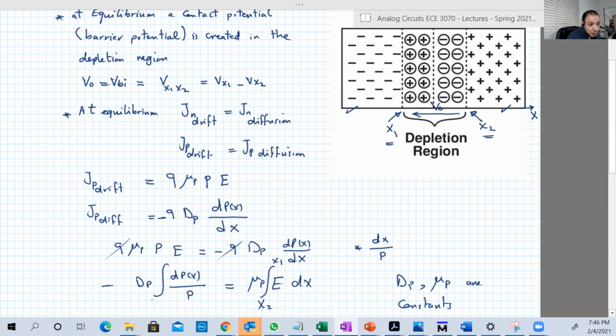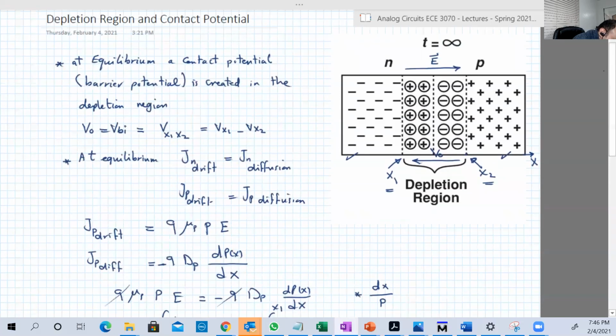So there should be limits also for the second integral. And what is in the second integral? It's p of x. So what is p of x at x2? Remember, x2 is located in the P type region.